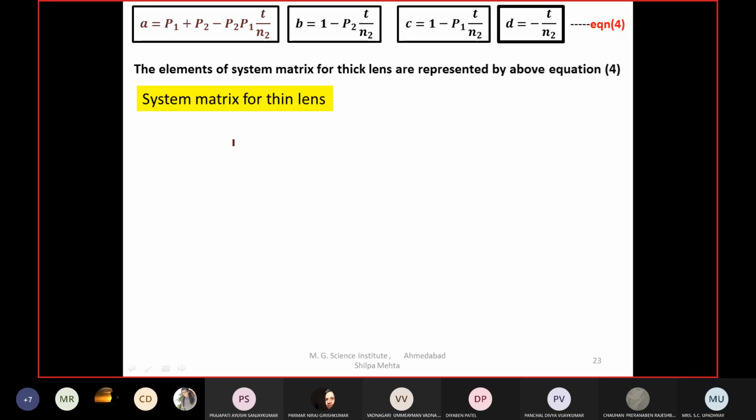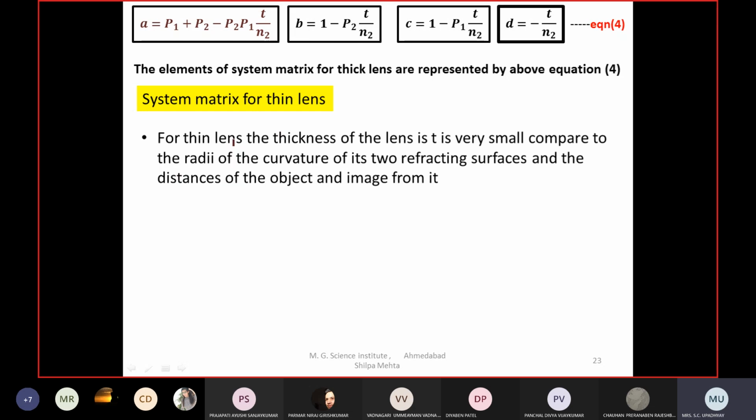Now we want to get the system matrix elements for a thin lens. Thin lens means it is very thin, and in the laboratory we are considering this type of thin lens. Thin lens means the thickness of the lens is very small compared to the radius of curvature of the lens.